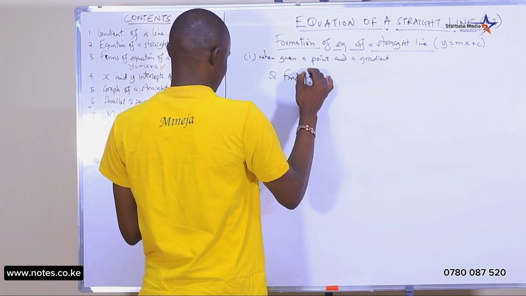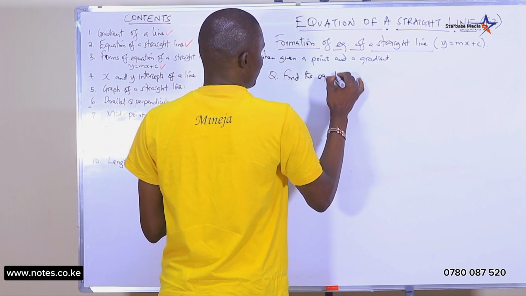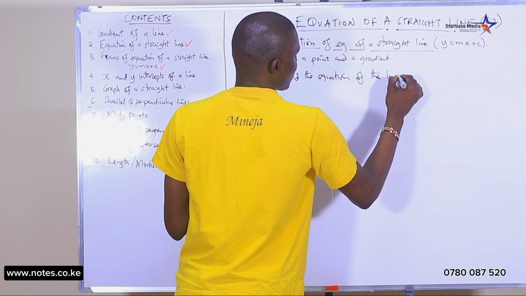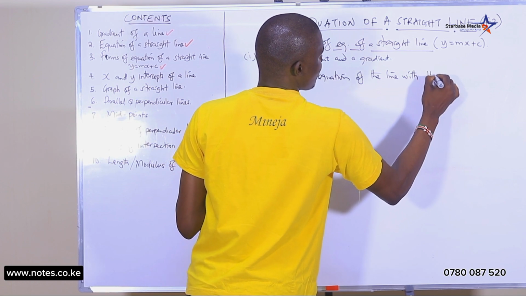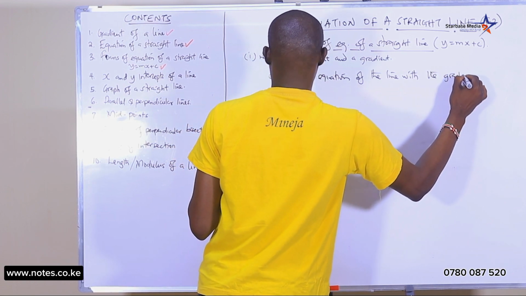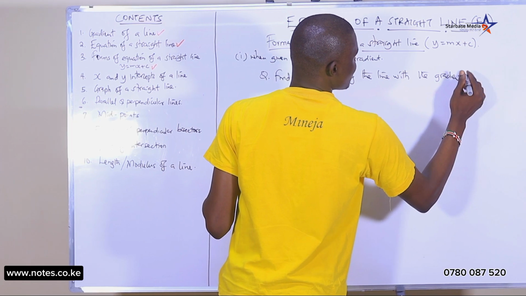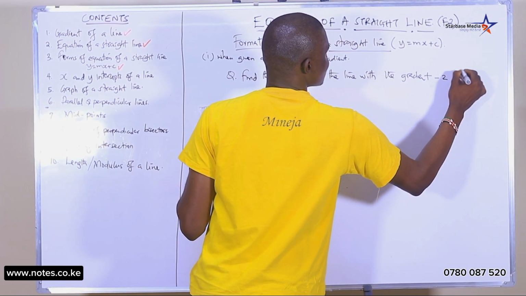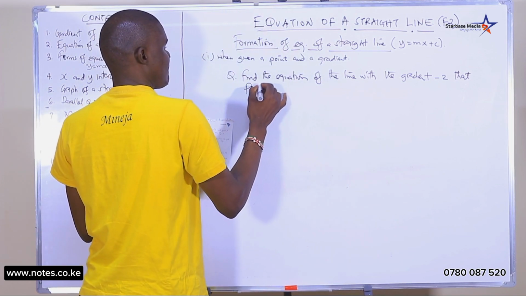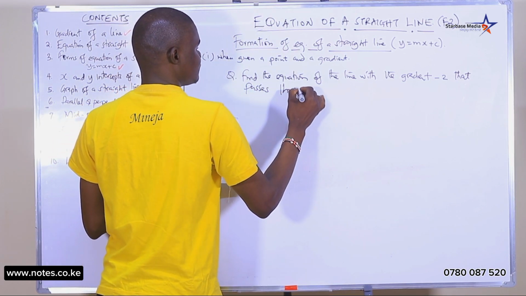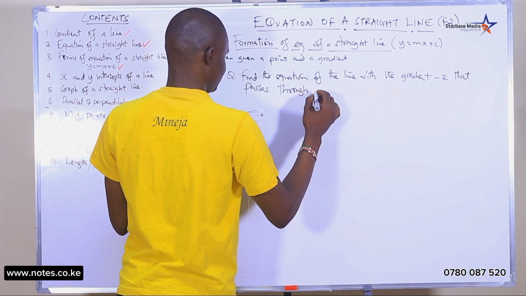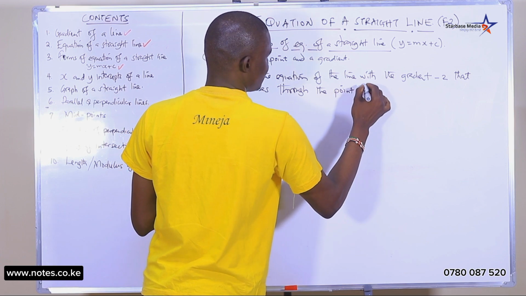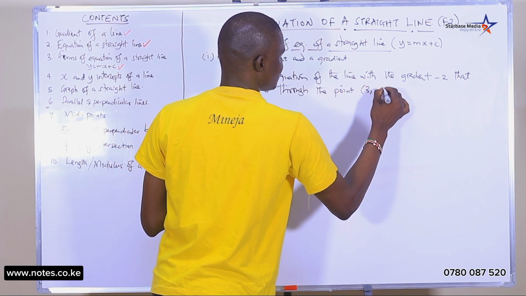Find the equation of the line with the gradient -2 that passes through the point 3, -4.